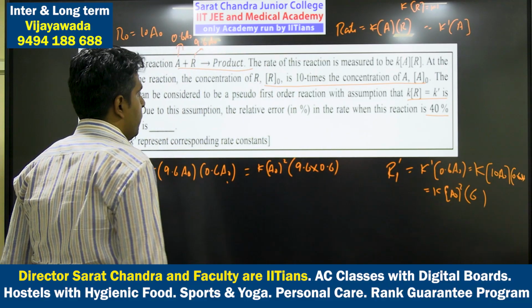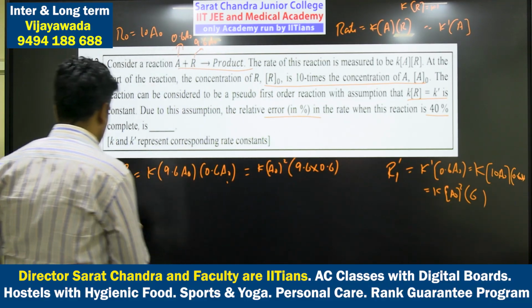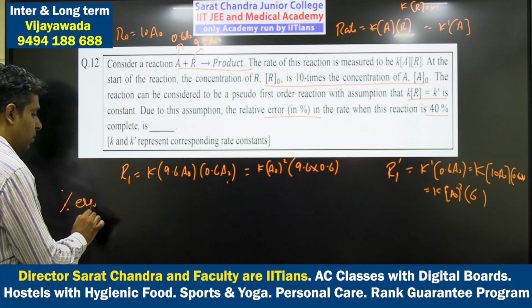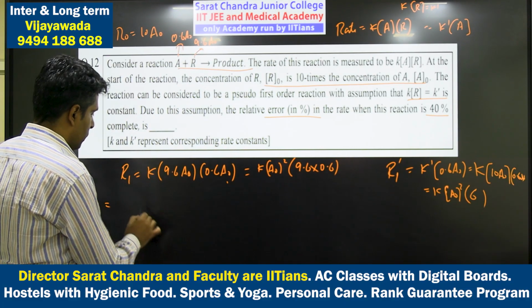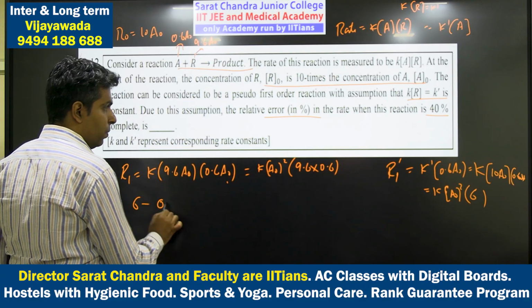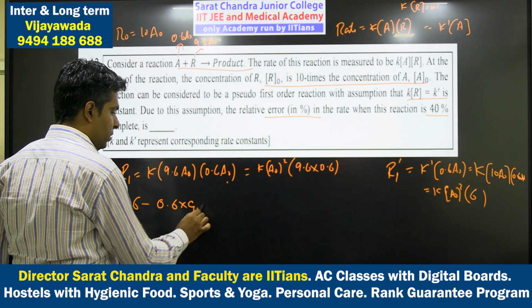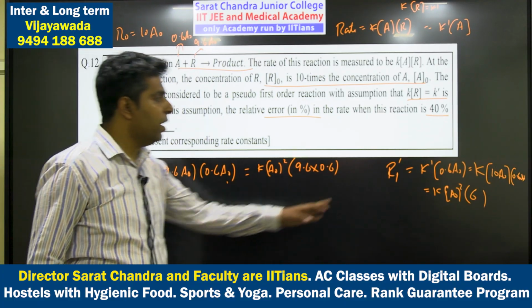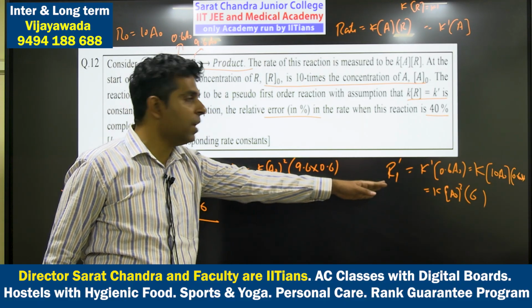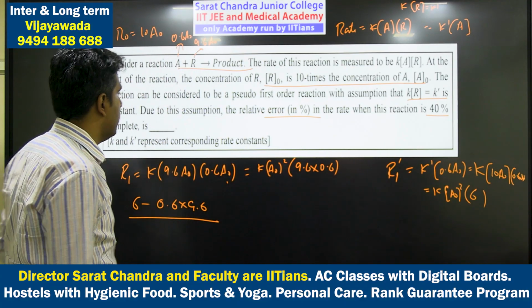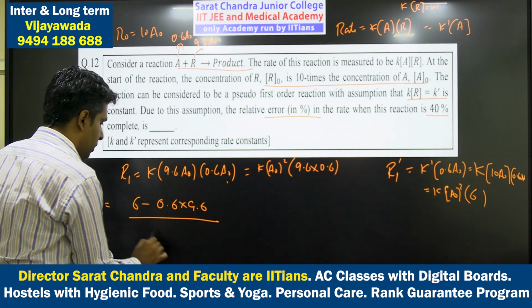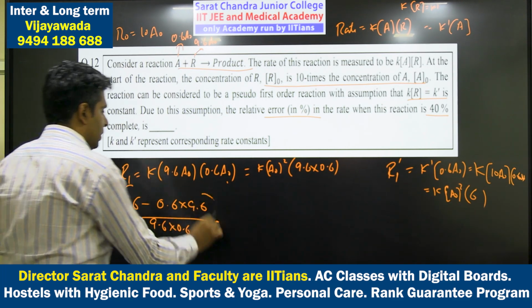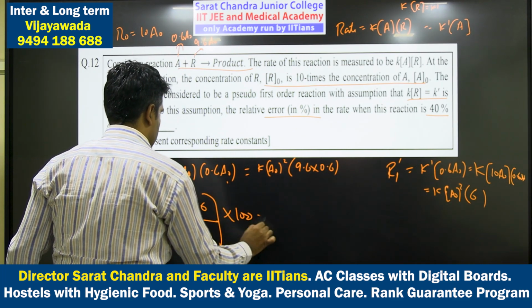So the percentage error we have to find out. The error is how much? 6 minus 9.6 into 0.6, divided by the actual rate. This is by assuming it to be constant. This is the error divided by the correct rate, that will be 9.6 into 0.6. In percentage you have to find out, so multiply this by 100.